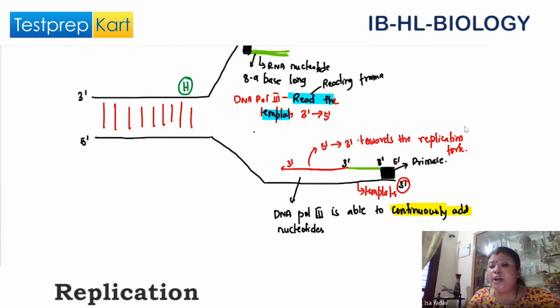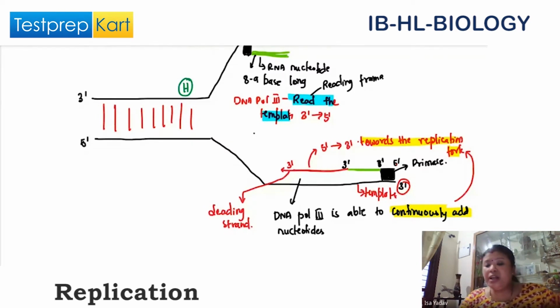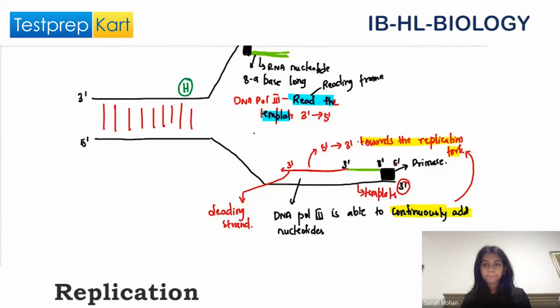Because it is towards the replication fork. So I'll just give an arrow mark to indicate the relationship. Now, because it is continuously adding, this strand that we have is called the leading strand. Sana, understood? Yeah. Okay, leading strand.